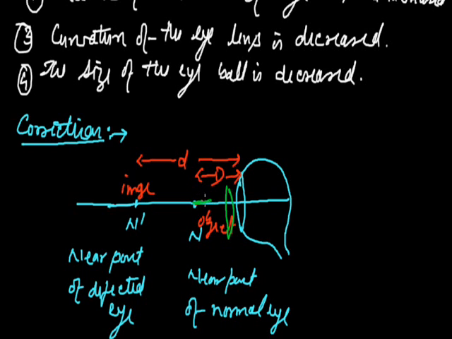Rays from the object converge. If we extend backward, they appear to converge from this point N dash. So the image will be at N dash. After this, the image will form at the retina. Here is the object. Here is the image.